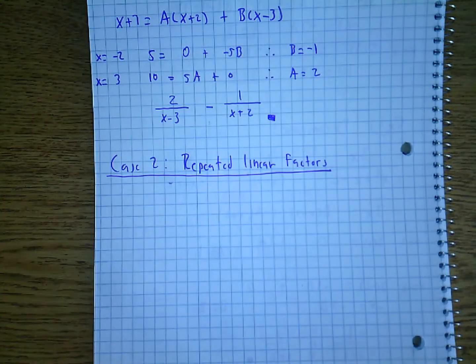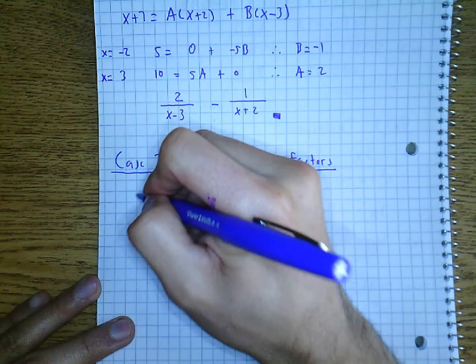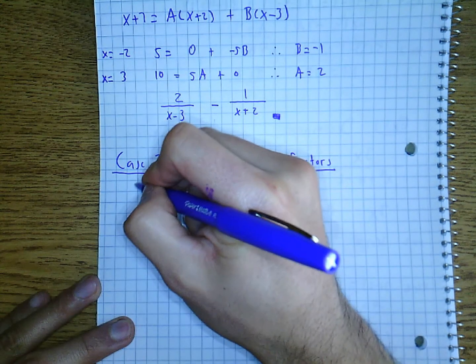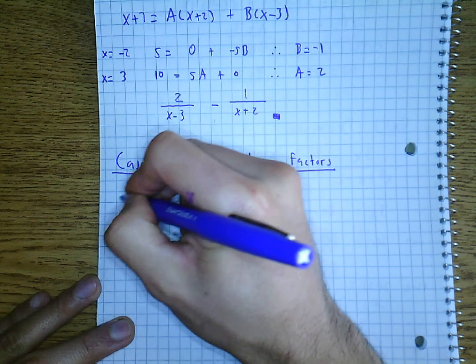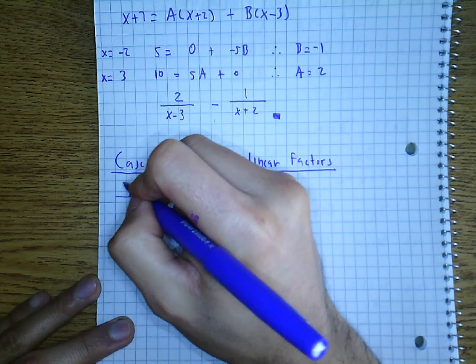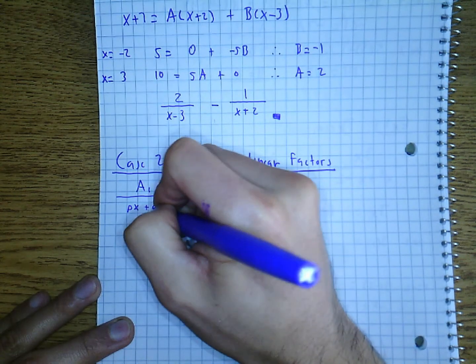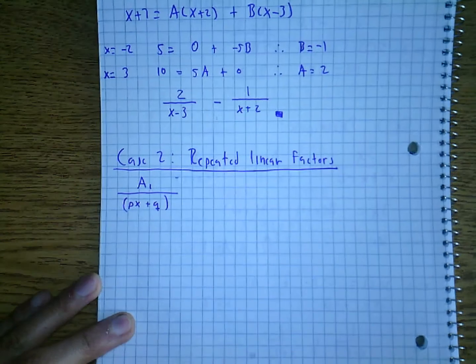So that would mean that, for example, you have something like this, where you have one of the linear factors, let's just call that px plus q. By the way, p and q are just numbers, right? So that's a linear. Do you guys agree? It's to the power of 1. It doesn't matter, right?